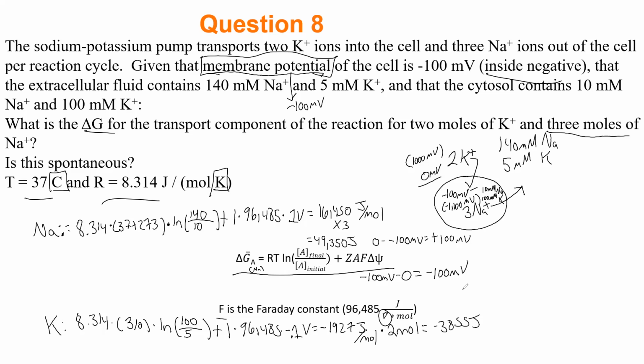And since this is a process that happens together, you just combine those numbers. So the total delta G for this process is 49,350 joules from sodium minus 3,855 joules from potassium.